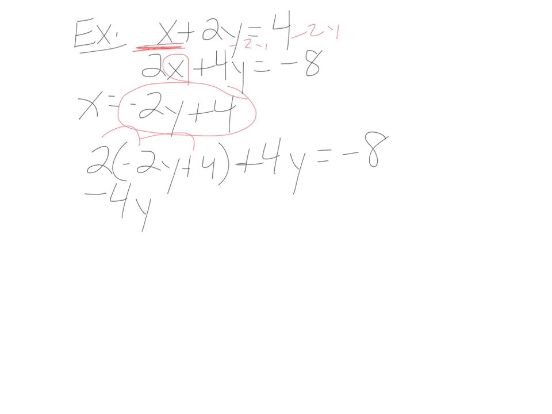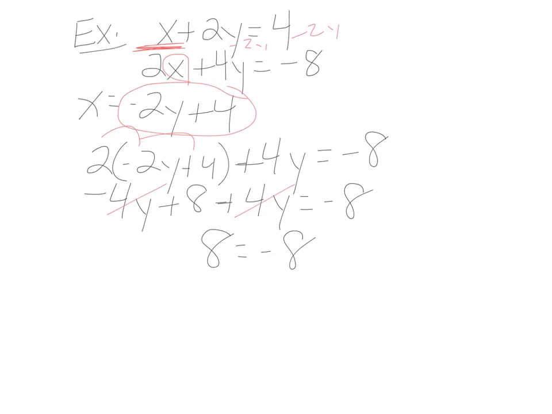Negative 4y plus 8 plus 4y equals negative 8. My 4y's will cancel. And what I'm left with is 8 equals negative 8, which is nonsense. So the variable is gone, and the result is false.